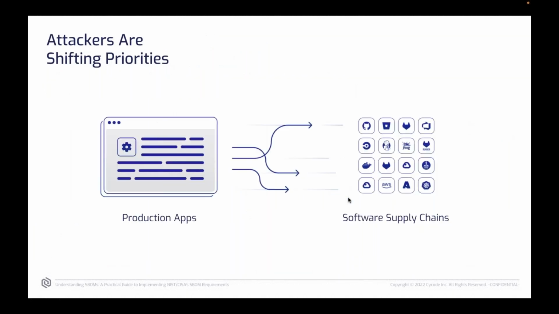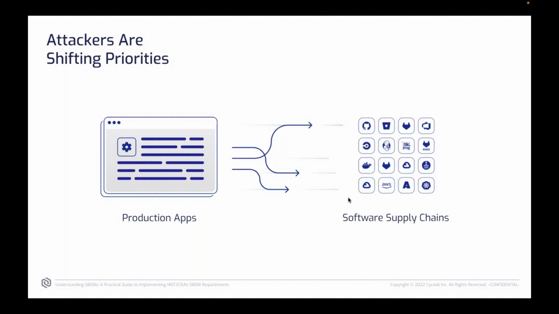Now, why is there such an increase in software supply chain attacks over the last couple of years? Well, I think the simple answer is that attackers are shifting their priorities from production applications that we've done a pretty decent job in locking down to the software supply chain itself. Now, the software supply chain is complex, it's deeply interconnected, and it's often, unfortunately, overlooked by many organizations.